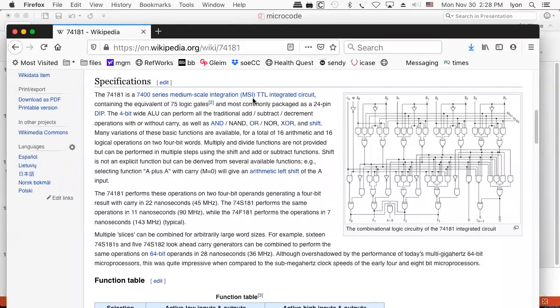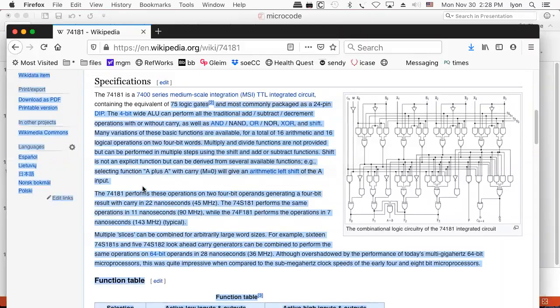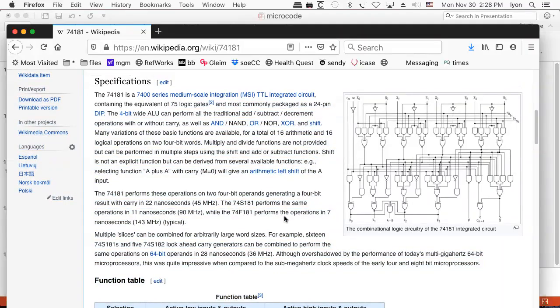They call this MSI TTL because they say it's medium scale. Well, it had 75 logic gates. Now, if you consider that medium scale here in the new age, well, there must be something wrong with you. But back in the day, when this was created, that was considered a lot of gates. 75 gates was a lot of gates, believe it or not.